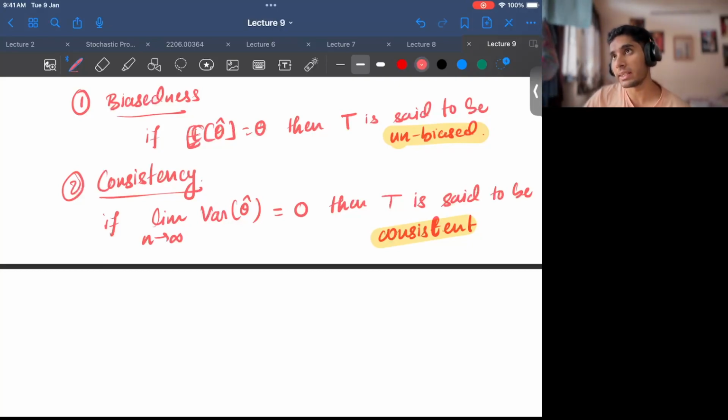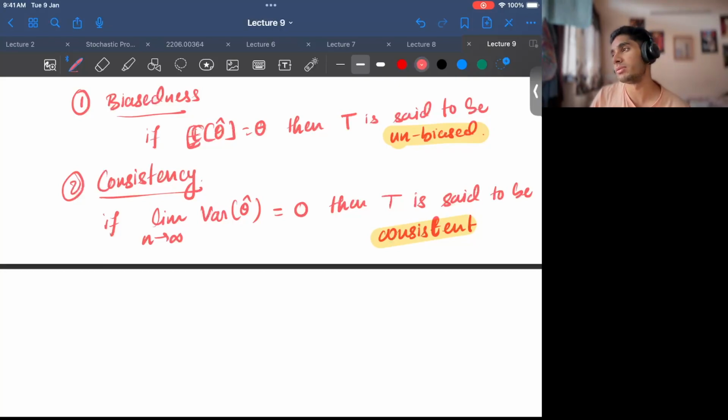Well, not exactly; it might not give the exact value, but it will be very consistent for that value. Let me repeat: if you have an infinite number of samples from this distribution, this estimator will keep giving you the same value again and again, because the variance is zero.